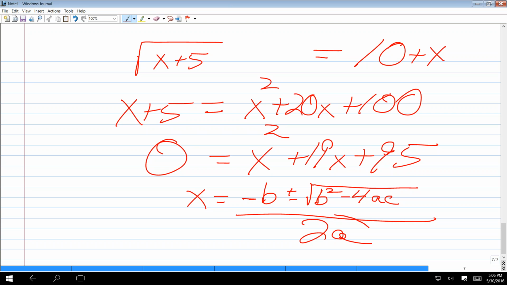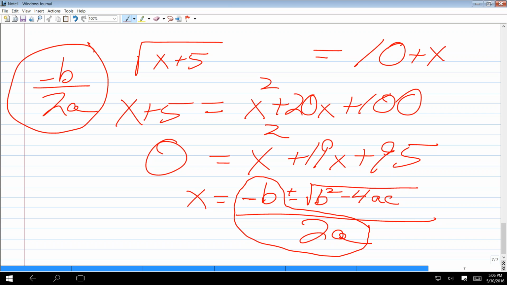Part of an easy way to memorize it is to notice that the first half of it, minus b over 2a, is how you find the vertex of a quadratic. If you remember that the x-coordinate of the vertex of a quadratic is this, it helps with memorizing the quadratic formula, and vice versa.